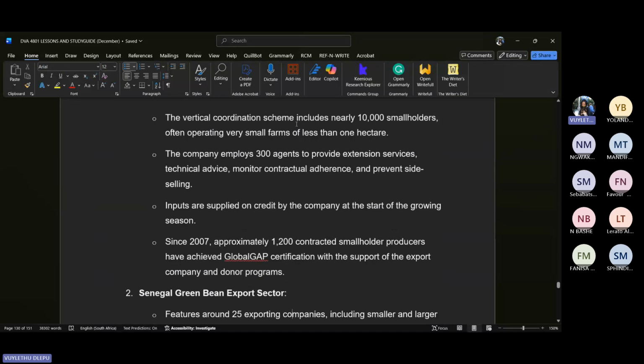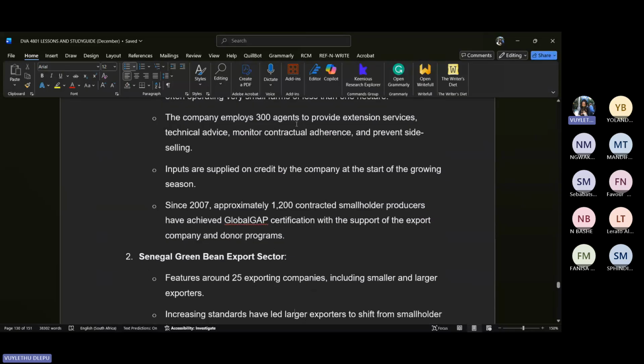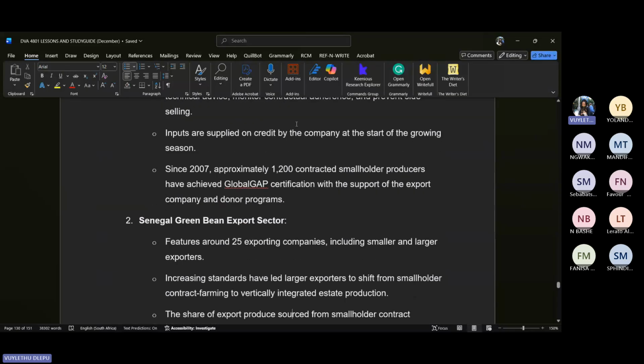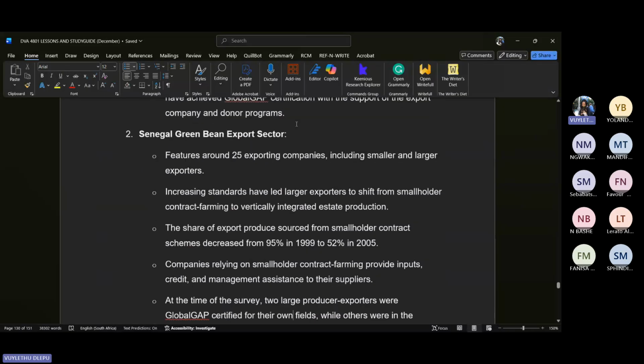Since 2007, approximately 1,200 contracted smallholder producers have achieved GlobalGAP certification with the support of the export company and donor programs. The green bean export sector in Senegal features around 25 exporting companies. Increasing standards have led large exporters to shift from smallholder contract farming to vertically integrated estate production.